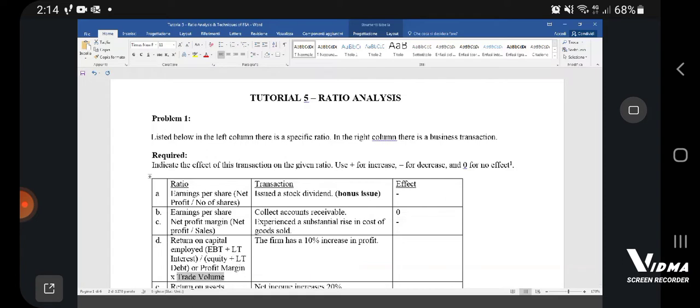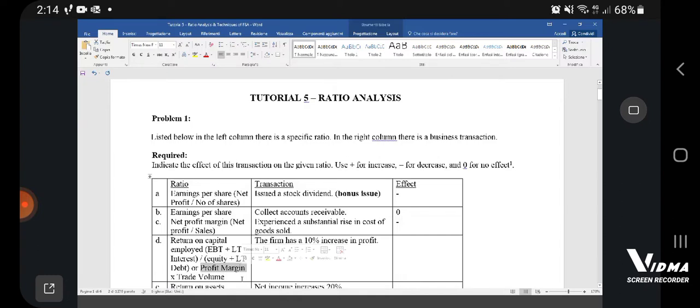So if we have different reasons for the increase in profit, we don't know the effect on the trade volume. My question was, why do we use the net profit in the net profit margin and the EBT plus long-term interest in the ROCE? I'm not saying net profit margin here.